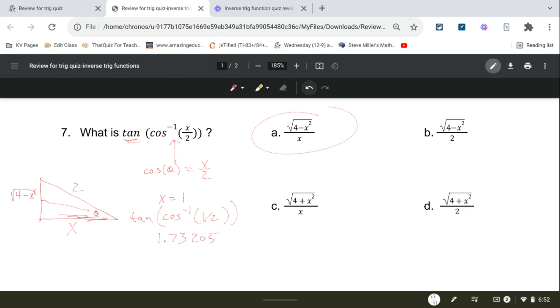Then you would come down to each one of these answer options and also plug in 1. That's the idea. If you plug in 1 on option A, it's going to match. But there are certain numbers that you can't plug in for x, like say 3, because you can't do cosine inverse of 3/2. It's undefined.